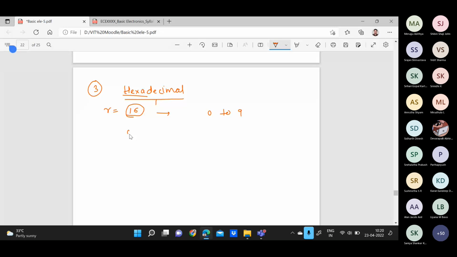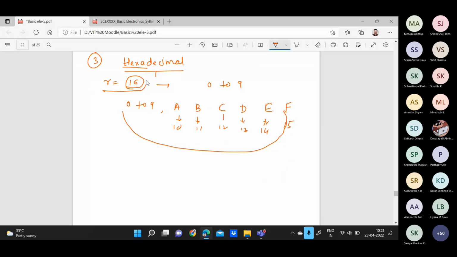So it will take 0 to 9 directly, and 10 it will assume as A, B, C, that is 10, 11, 12, D, 13, E, 14, and F, 15. So 0 to F are the total digits that we have to represent any number. In hexadecimal, we have 16 different digits: 0, 1, 2, 3, 4, up to 9, then A, B, C, D, E, F, up to F, that is 15.